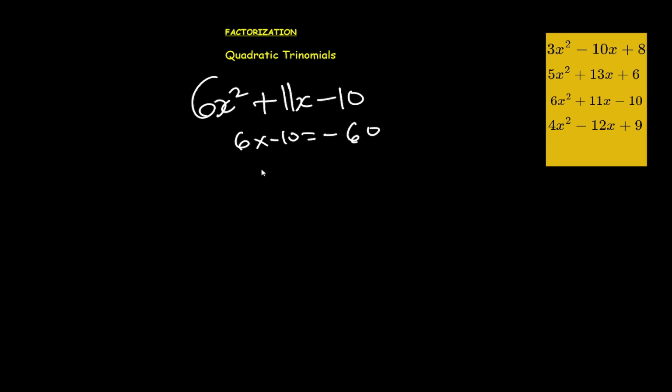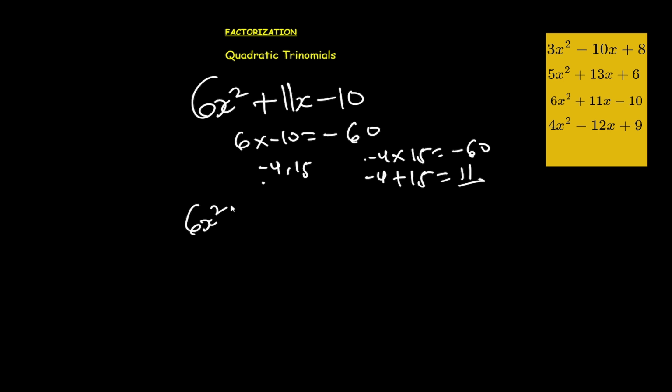Now let's try negative 4 and then 15. Negative 4 times 15 will give you negative 60, and negative 4 plus 15 will give you 11.